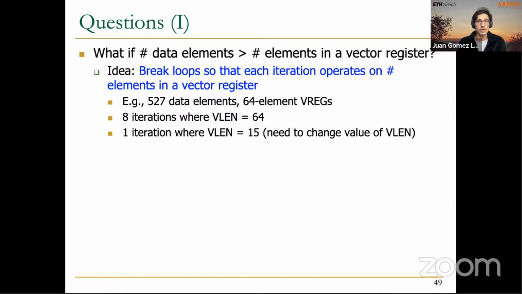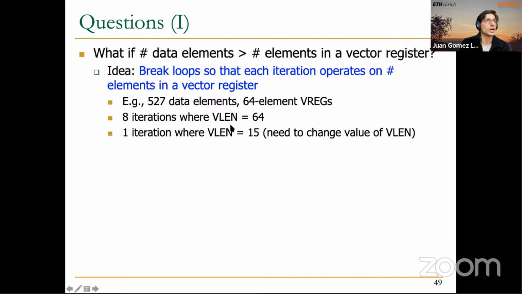We only have 64 registers in each vector register. So that's the case, and actually that's, as you will see, what happens in GPUs and in real SIMD processors, that this maximum vector length is limited. And when this happens, what we simply do is executing the instructions in multiple iterations, right?